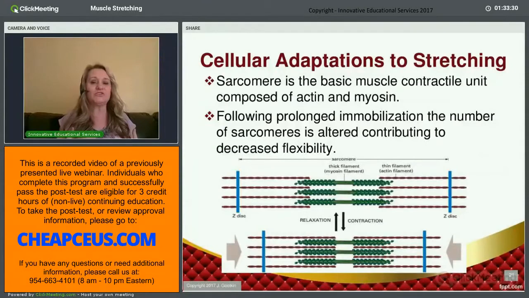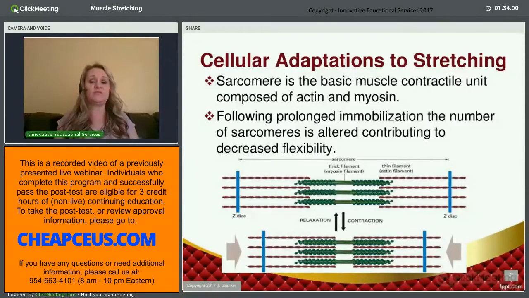When we remember back to our sarcomere, that basic unit of actin and myosin that need to overlap for contraction, but then also need to lengthen in order for us to have joint excursion and flexibility: if someone has a period of immobility, or they are not activating their muscle fibers, or they're not being stretched, there's actually a change in the sarcomeres.